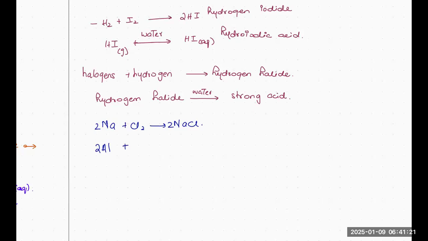So they can easily react with the metal to give you an ionic compound. So aluminium, for example, can react with chlorine to form aluminium chloride. This is actually a very common reaction. In this particular case, we can heat aluminium with chlorine, and we can actually form aluminium chloride.